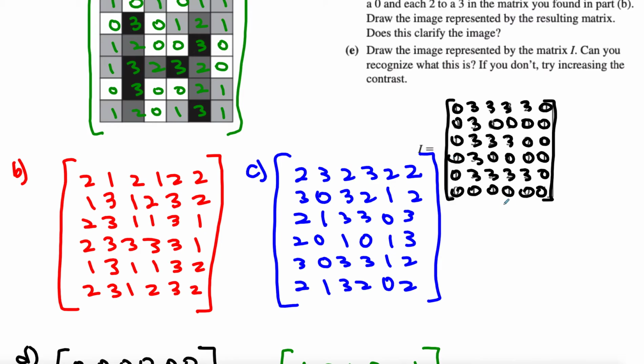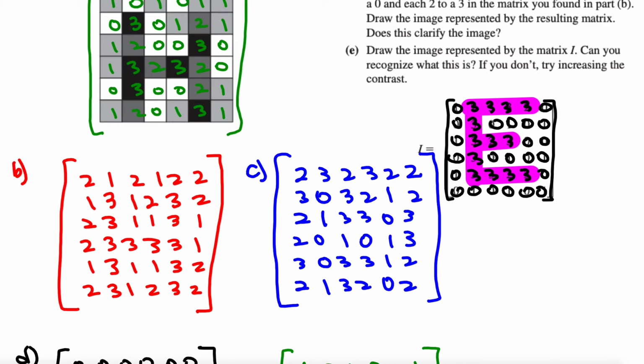All right, it's kind of hard to tell here. So I'm going to highlight the 3's over here. Oh, what do you see? You see the letter E. That was what was hidden. That's kind of cute. All right, so that's how you can solve number E as well.